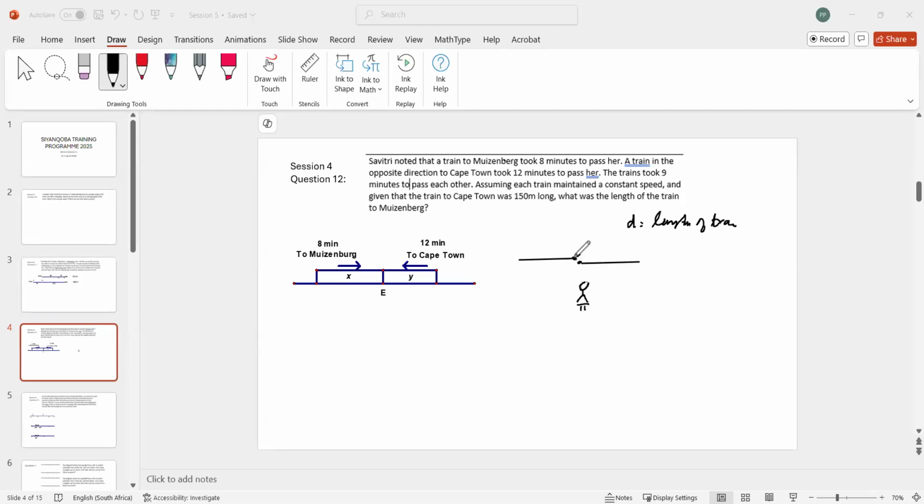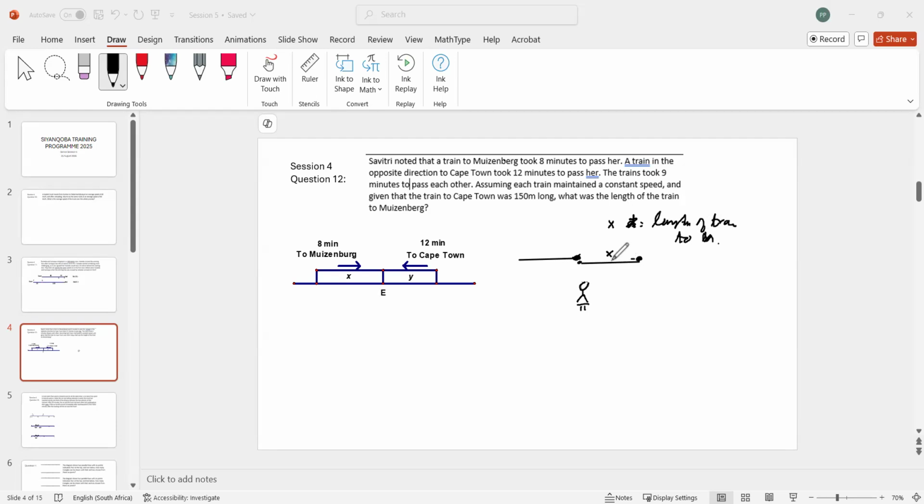So this is the driver, he's still sitting here. And so the length of the train to Musenberg is, well, that's the question now. What is the length of the train to Musenberg? So let's call it X. Oh, okay, we're not calling it D, we'll call it X: length of train to Musenberg.